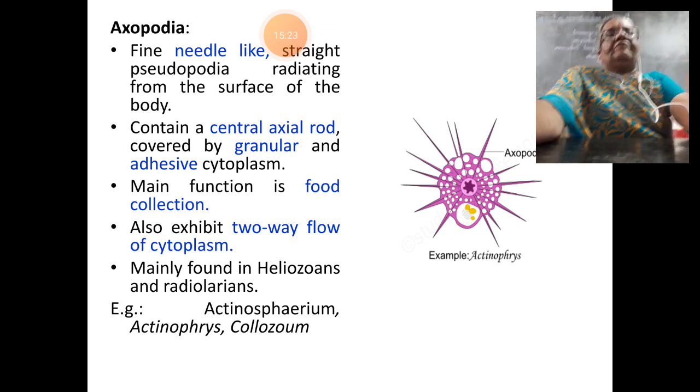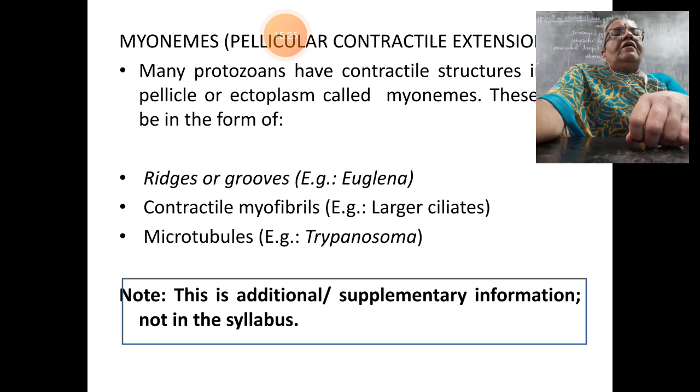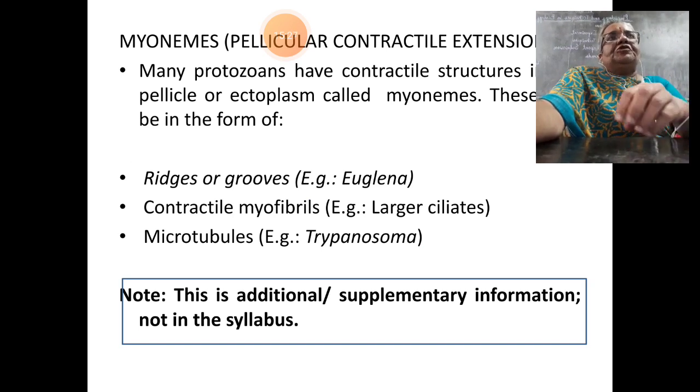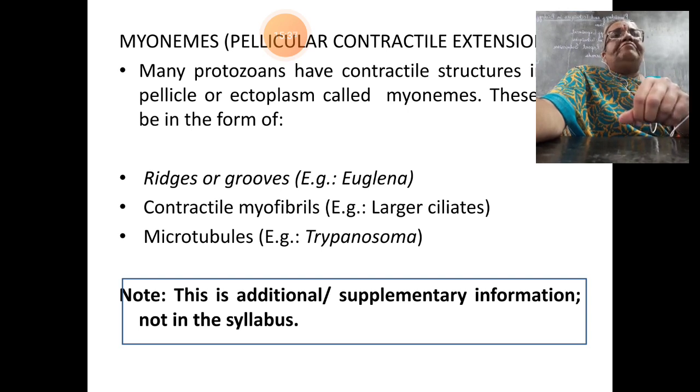Now, as I was telling you, please note pseudopodia, cilia and flagella are there in your syllabus to study the locomotory organelles of the phylum Protozoa. But other than these three structures, you do find a few structures like pellicular contractile extensions in the form of myonemes in protozoans, which do serve the purpose of locomotion.